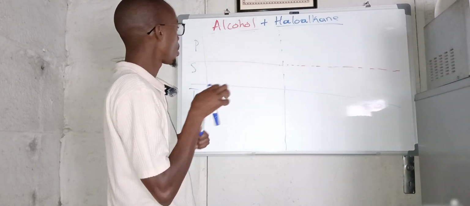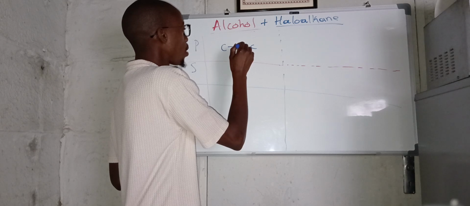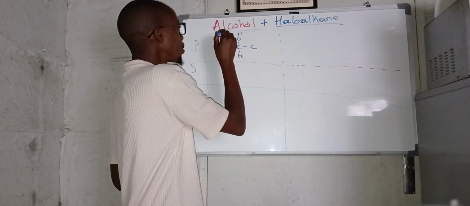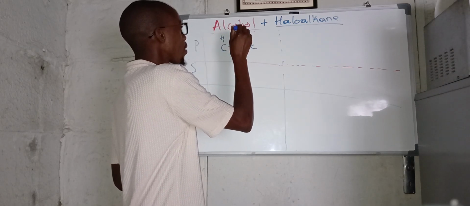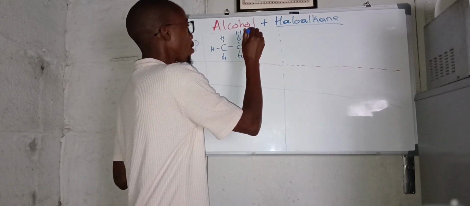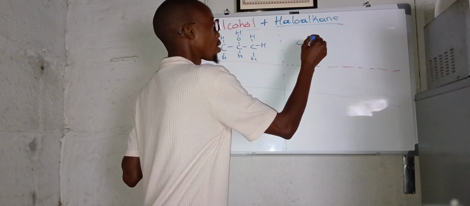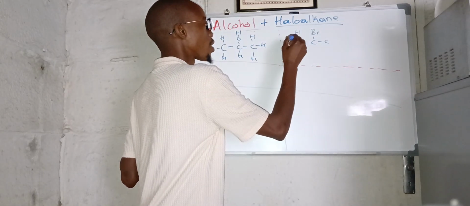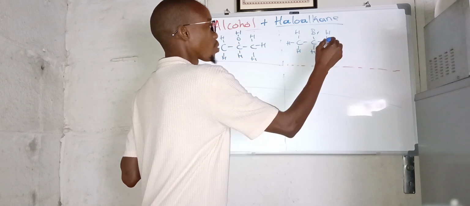It will be like this. So if I draw the structure 1, 2, 3, for alcohol, we'll be having OH. Want it to be clear. Then even in here, I'm going to say 1, 2, 3, and I'll choose any of the halogens. It doesn't mean if I chose bromo, we're only going to use bromo, so we can choose whichever.